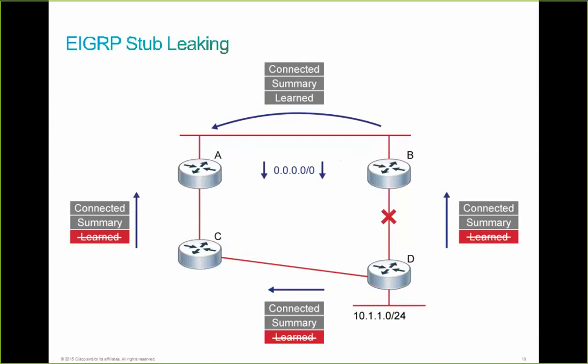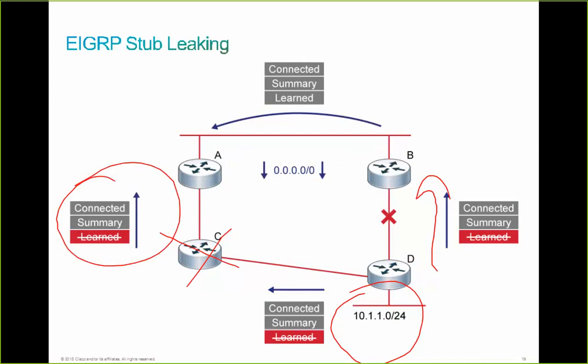D is going to advertise the 10.1.1.0 subnet. C is not. You guys agree with that? Why would C not? So it depends on what is being configured. Well, C is configured as a stub router.